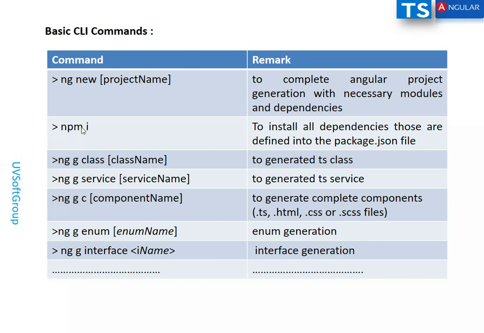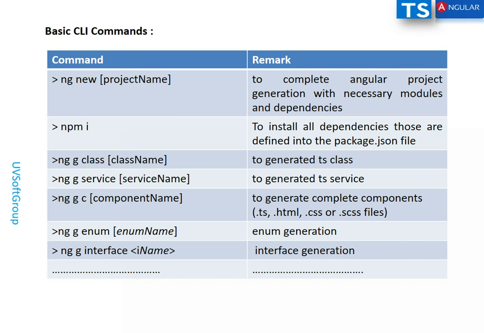So npm, you need to be careful. This is the most important command once the application is created. Now you import the application into Visual Studio Code and run this command. It means refresh or install all the dependencies.